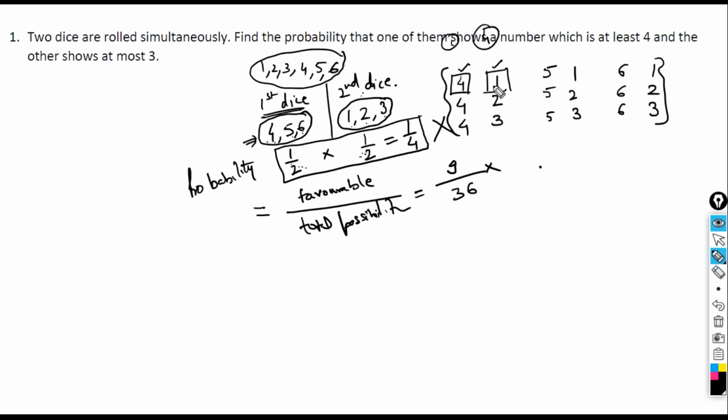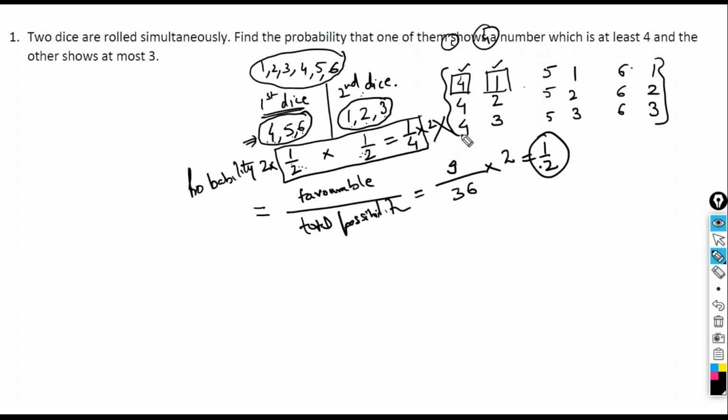So for each and every possibility, there are two ways, so we need to multiply it with 2. If you do not focus on these cases and do not multiply this probability with 2, your answer goes wrong. 1 by 4 was a wrong answer, which is a very common mistake. So in this case, the answer comes out to be 1 by 2.